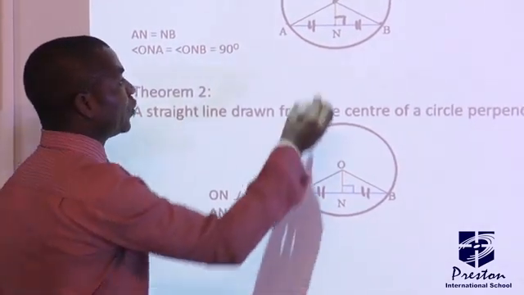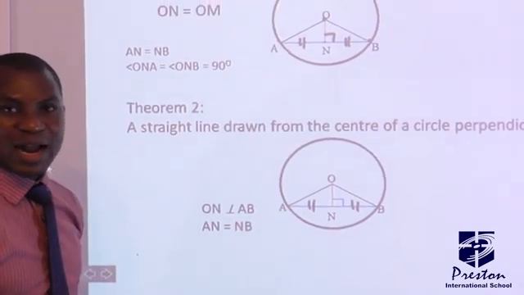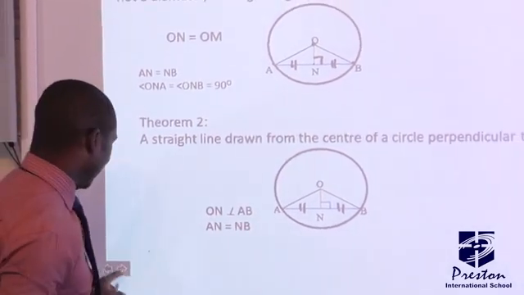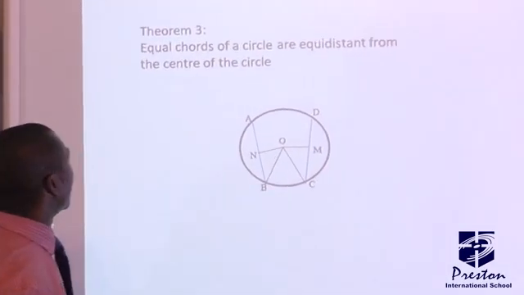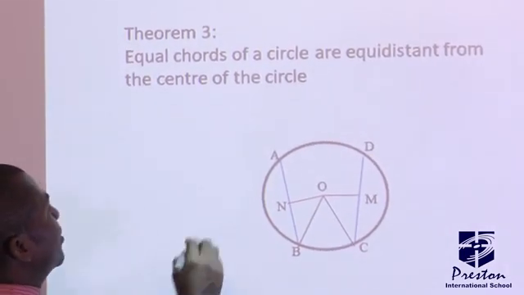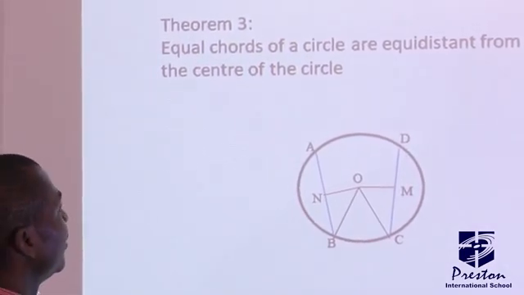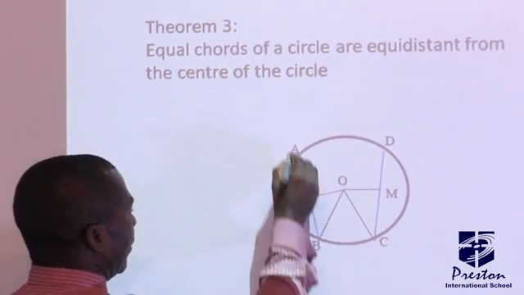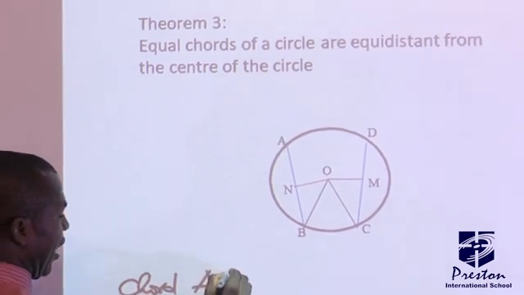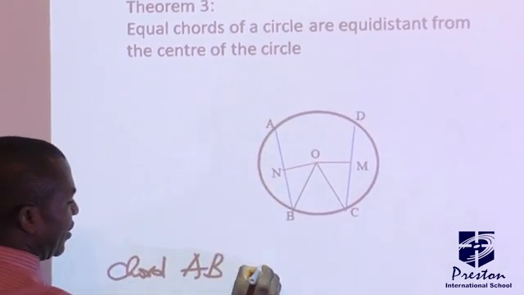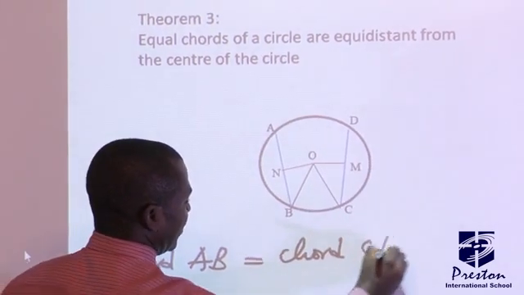Now don't forget that for these two theorems, you can apply Pythagoras theorem, and at the same time, you can also apply the trig ratio. Then lastly, the theorem we will be considering. Now, equal chords of a circle are equidistant from the center of the circle. What this says is that chord AB from here to here is the same thing as chord CD.